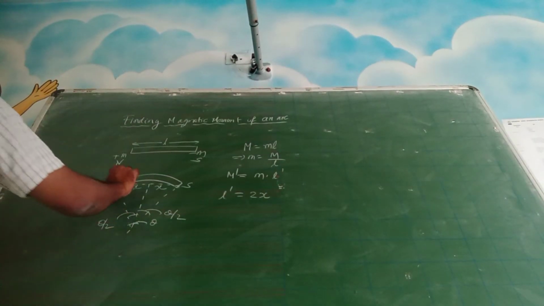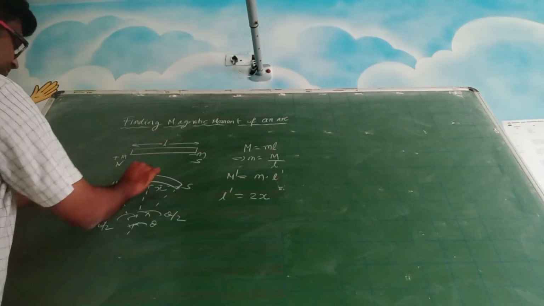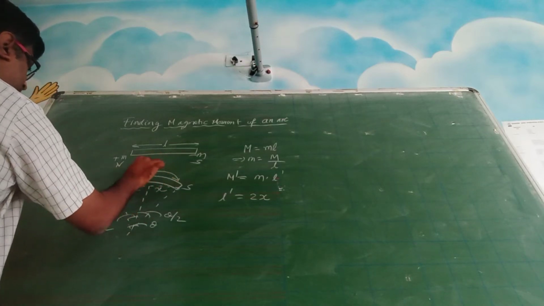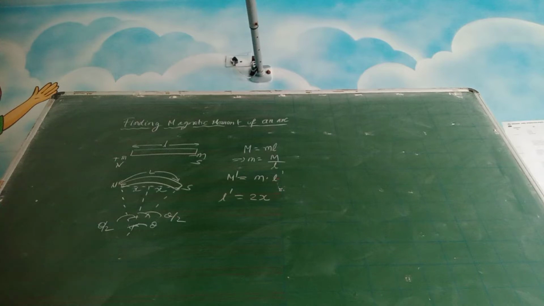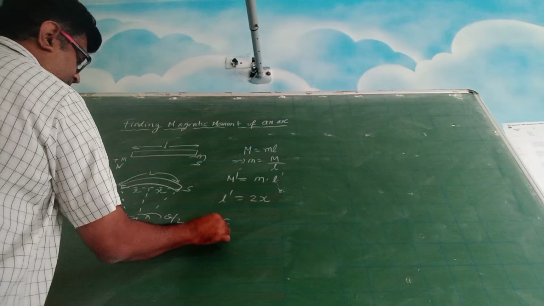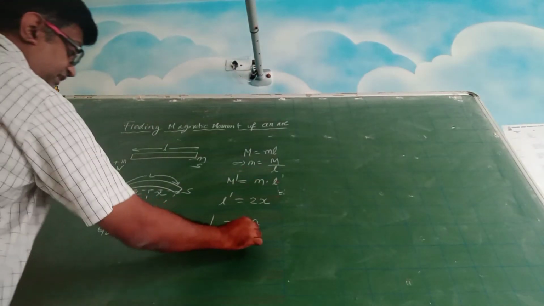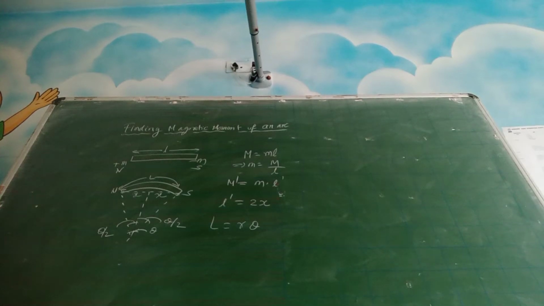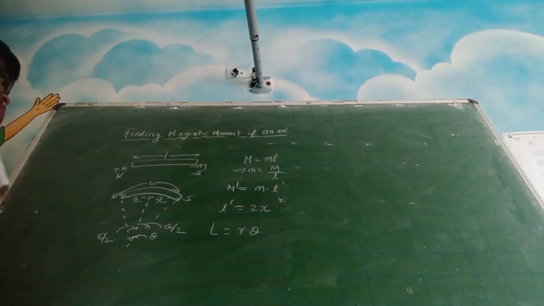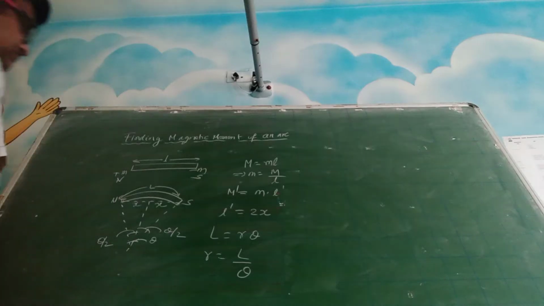And you can see that this is in the form of an arc. So the arc length also will remain L only. So can we bring in the relationship S is equal to R theta, in the place of S, L equals R theta. Here this theta has to be in radians. You need to understand that. You cannot put the values in degrees. So from here R is equal to L upon theta.